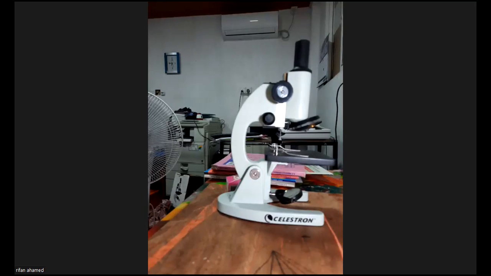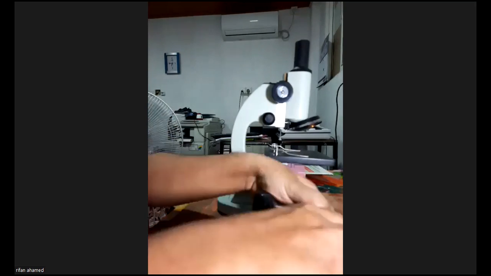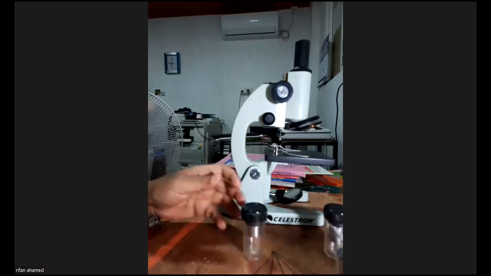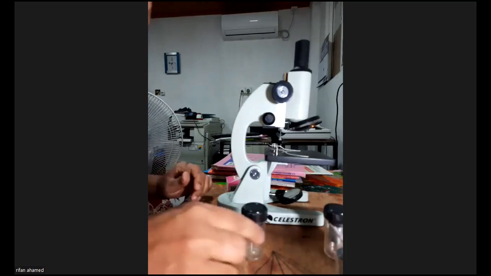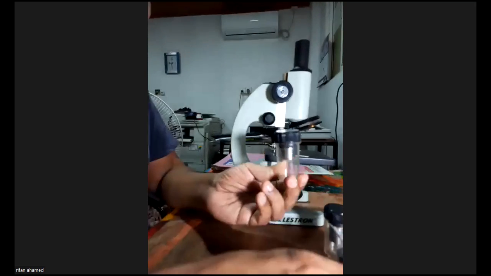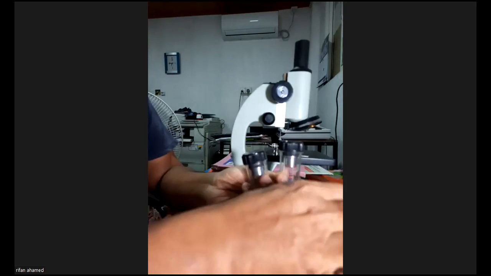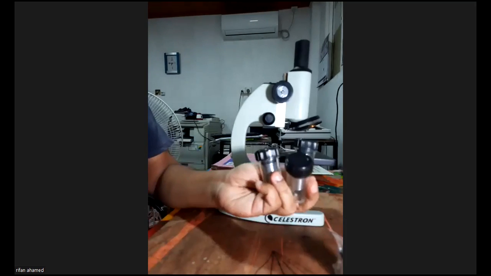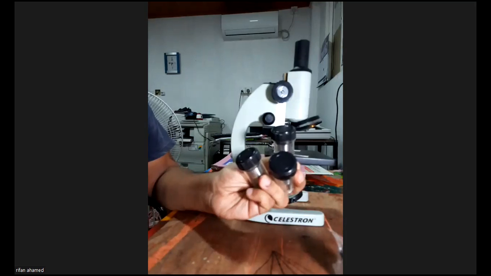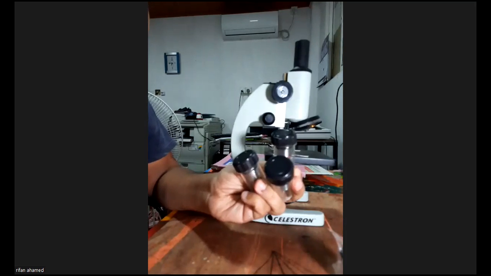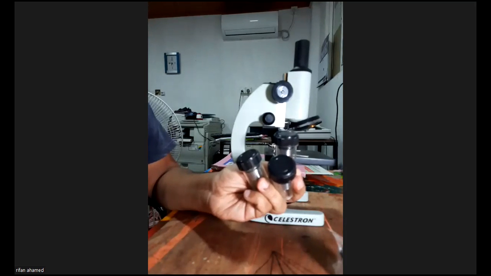One is the eyepiece, one is the objective lenses. Generally we keep the objective lenses in these types of containers separately. When wanted only, we will fix them on. Understood?